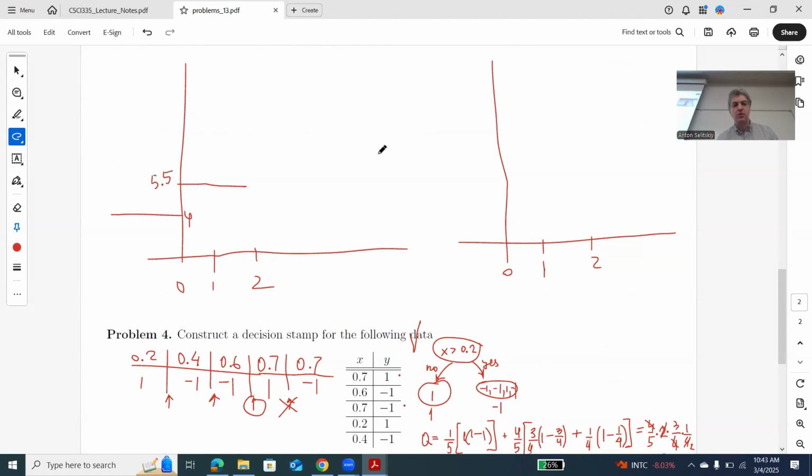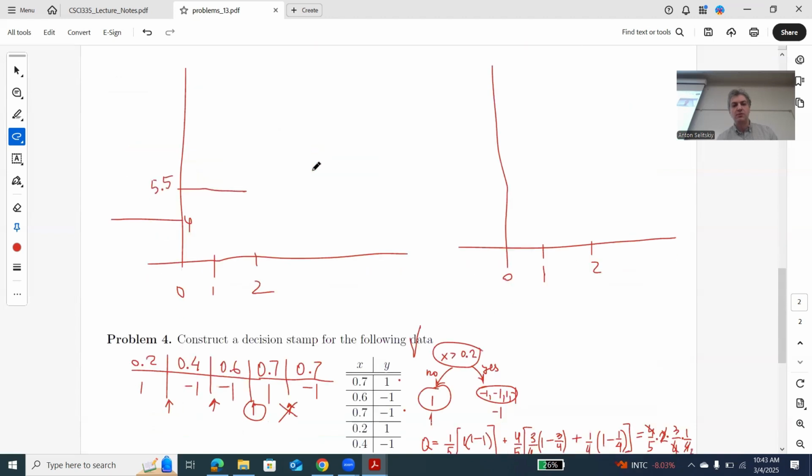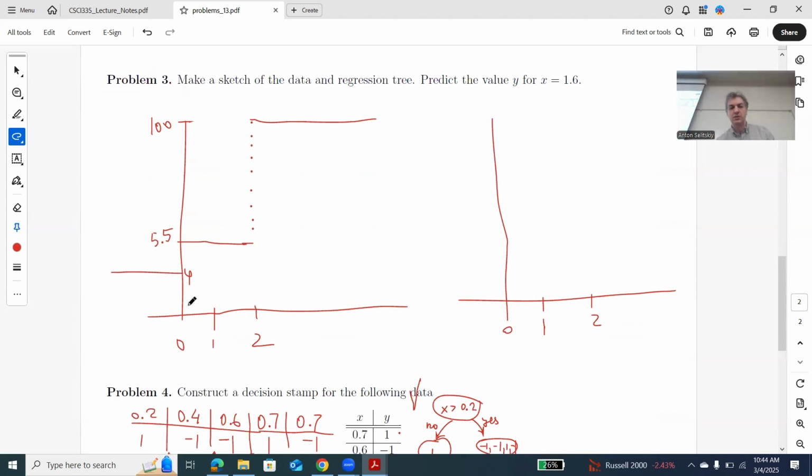And for values greater than 2, the value will be 100, somewhere very, very high. So this is how we will plot the decision tree prediction.